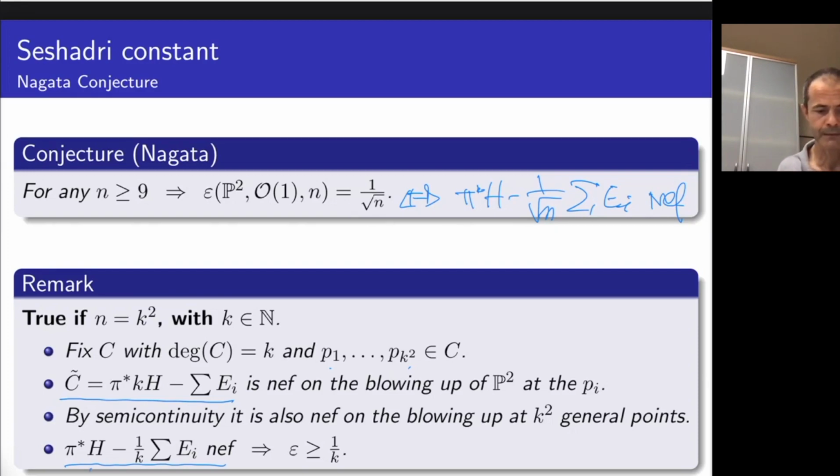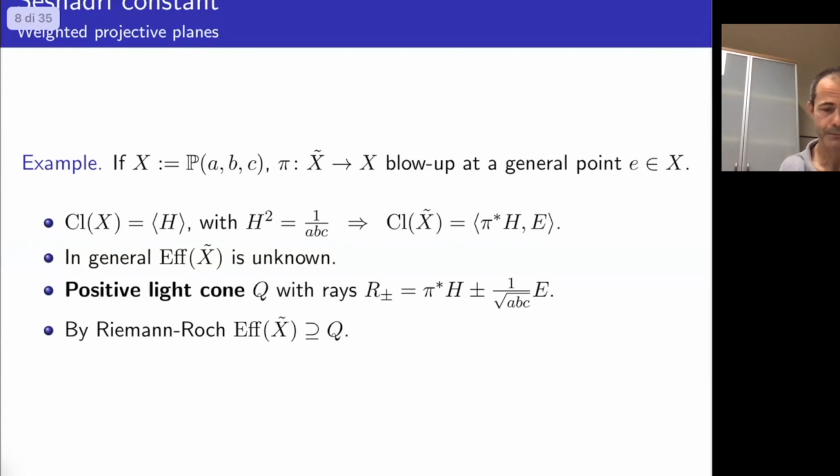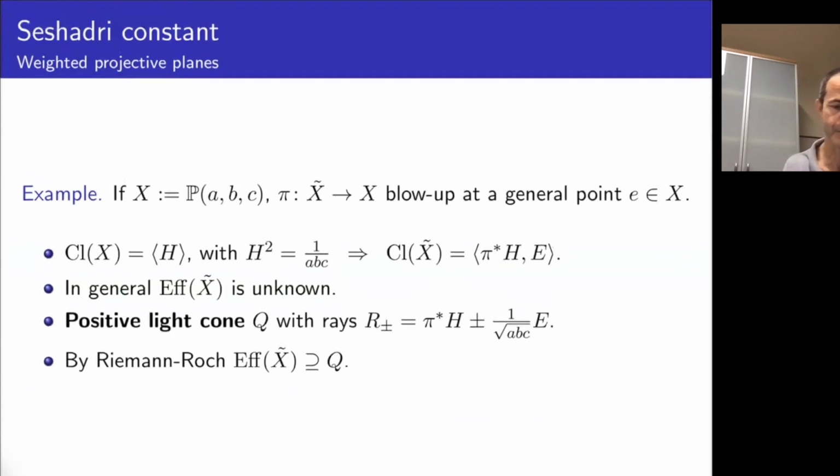And right, one last example is the case of the weighted projective plane. X is the weighted projective plane with weights A, B, C. These are positive integer numbers, and we can suppose that they are pairwise coprime.